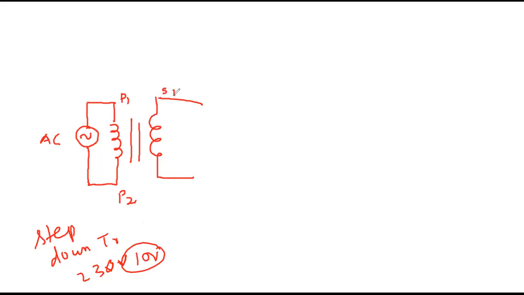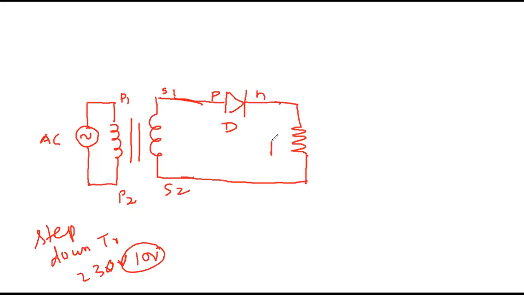Secondary terminal S1 is connected to P side of junction diode D. S2 is connected to N side through load resistance RL, across which output is to be obtained. Load resistance means it can be fan, it can be AC, it can be refrigerator. The device to which we give our output, we call it load resistance.